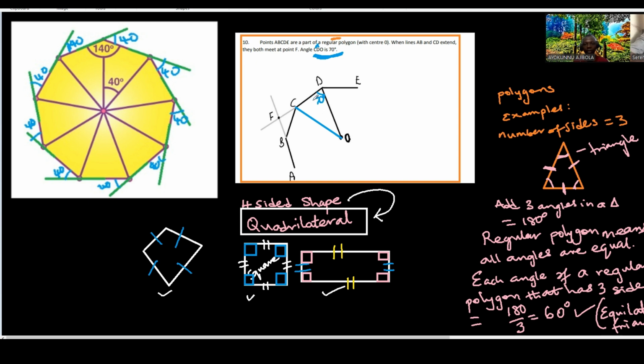It's just part of the internal angle. The internal angle ranges from here to here, or from here to here. So these are just three angles out of all the angles of the shape. Since we have been able to find this to be 60, then this line and this line are equal because they are both from the center.